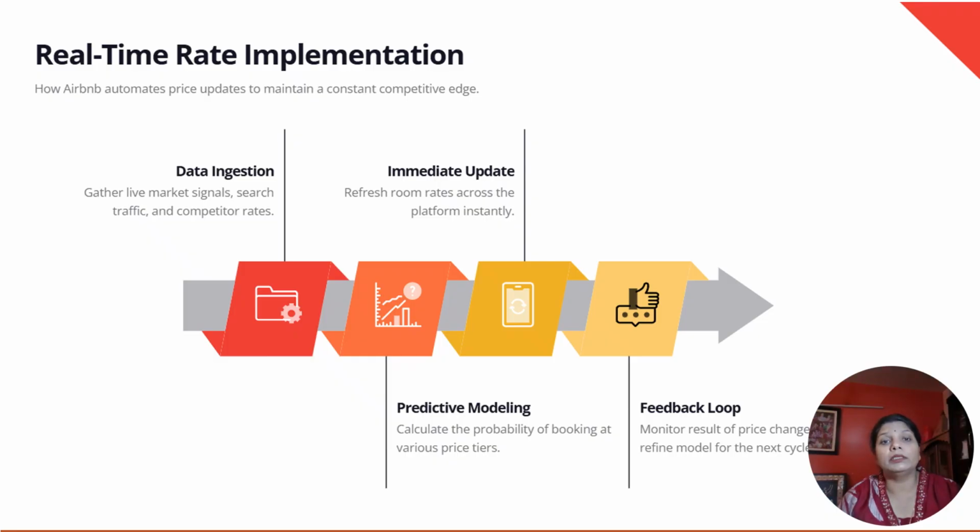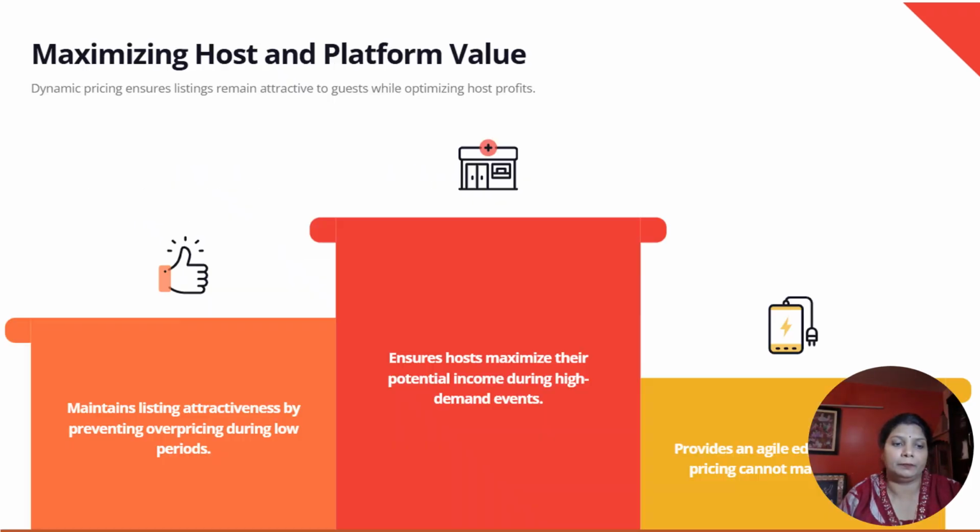Airbnb monitors the outcome of each price change, such as bookings, occupancy, and revenue, and feeds this information back into the model to continuously refine future pricing decisions. Together, this closed-loop process illustrates how predictive and prescriptive analytics operate in real time to support dynamic pricing at scale.